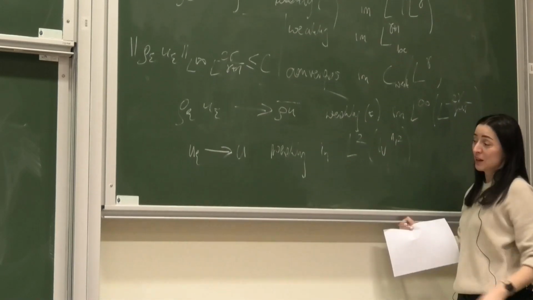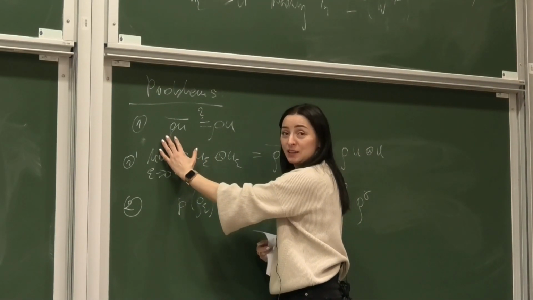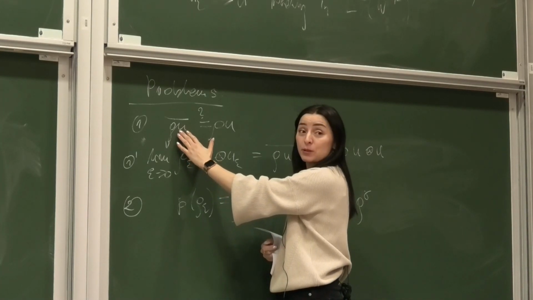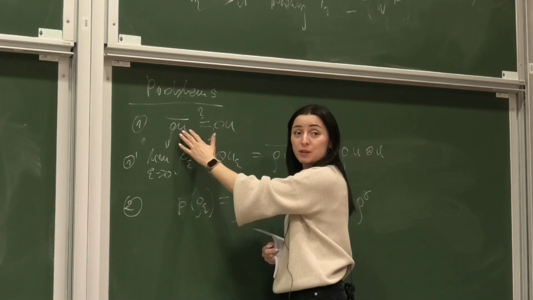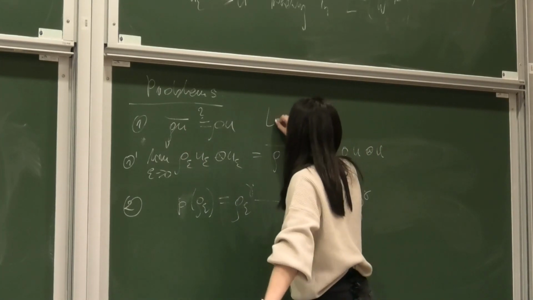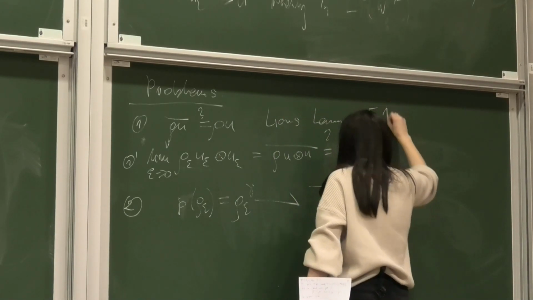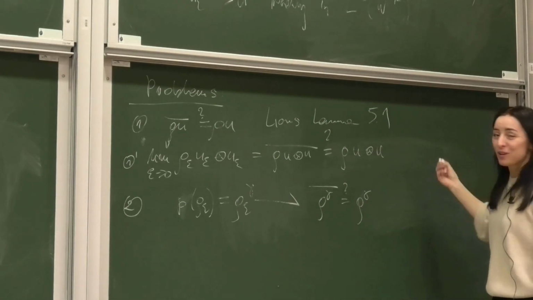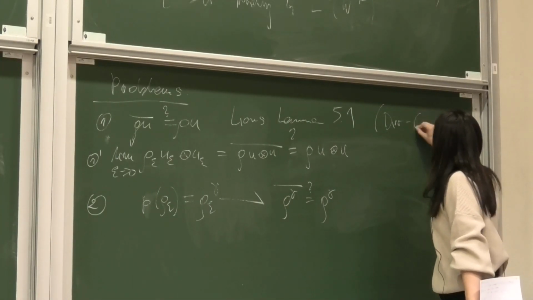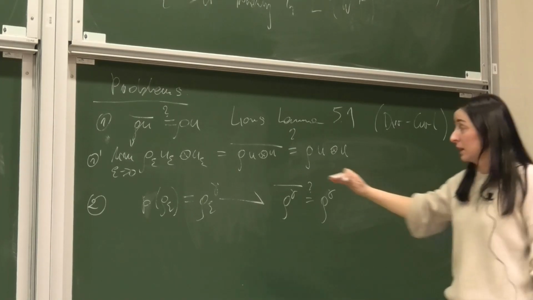So I have enough compactness with respect to time for the density that I can use to compensate for the lack of compactness with respect to time of the velocity. Velocity is only an L2 function with respect to time. And then, using some sort of Lions lemma, the famous Lions lemma from the book, or a simple version of the Aubin-Lions lemma, you can identify this limit.